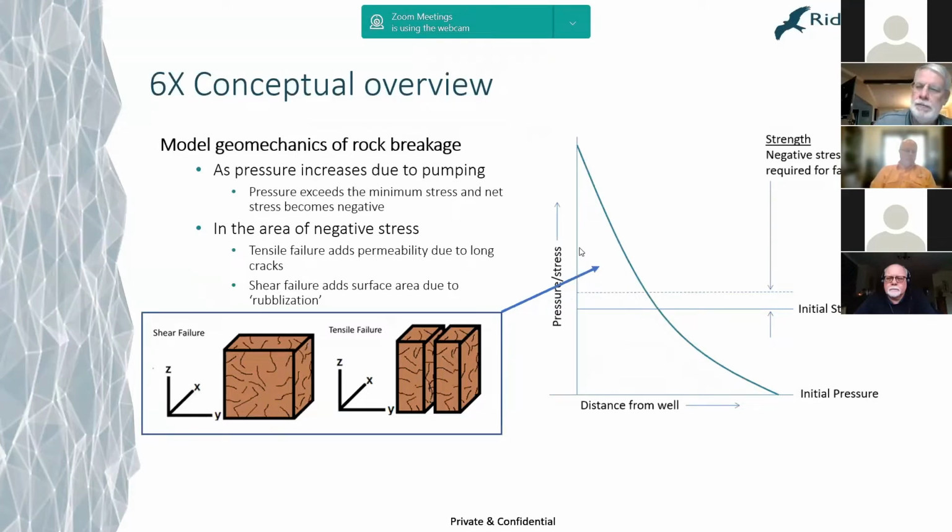Depending on how much net stress we achieve, how far past the initial stress we go with the pumping, the higher we go, the more enhancement we'll get, up to the maximum, which was the input value that we gave it.